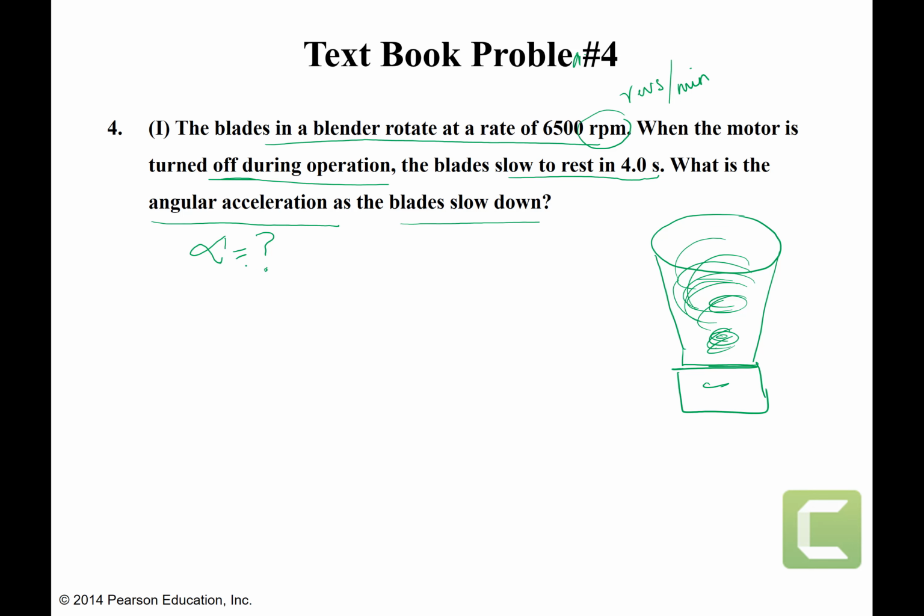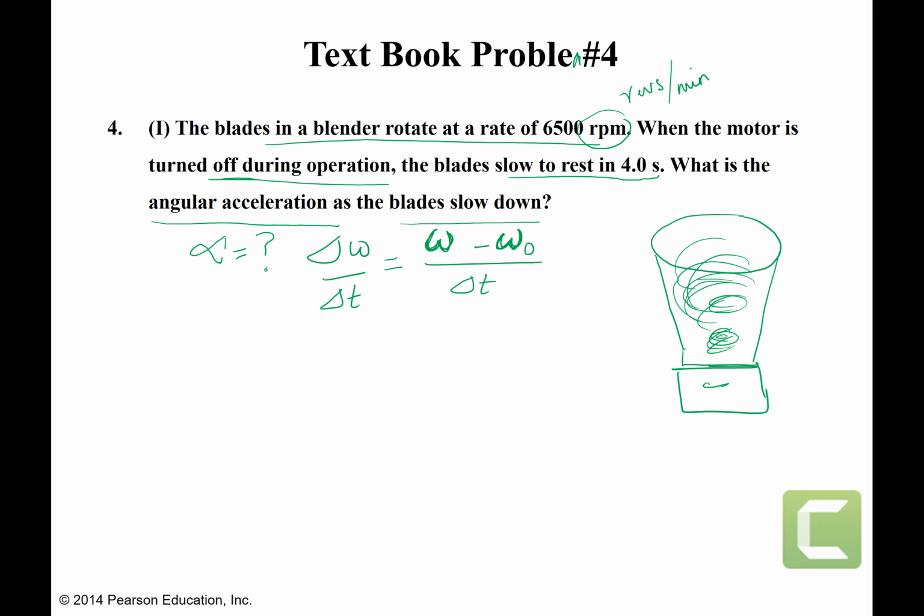So if I have to find out alpha, I need to know delta omega over delta t, right? Alpha is equal to delta omega over delta t. So that means I need to know my final angular velocity and the initial angular velocity. See, I'm maintaining the same notation, omega with no subscript as final and omega naught as initial, divided by delta t.